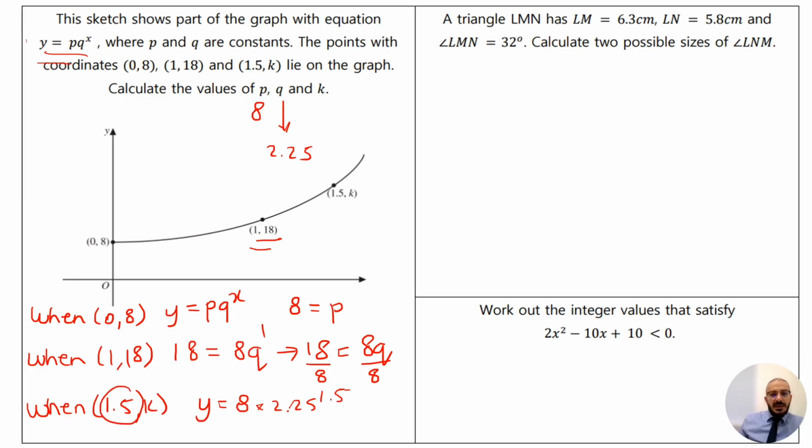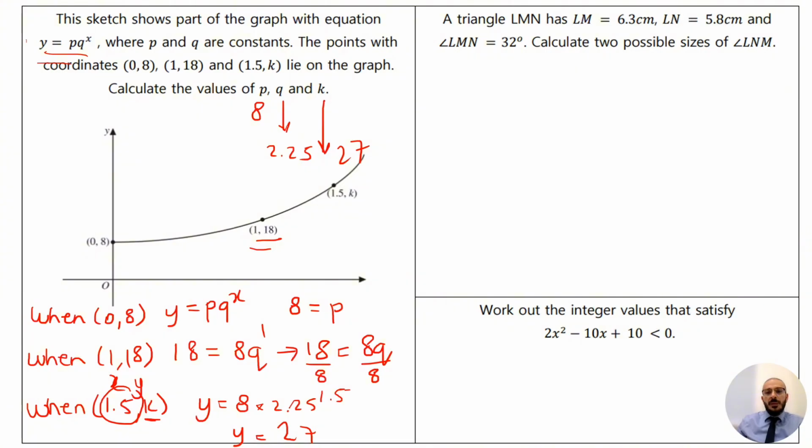I type this into my calculator and it gives me 27. So y is 27, which is k, because remember, this is x and this is y, so k is going to be 27.